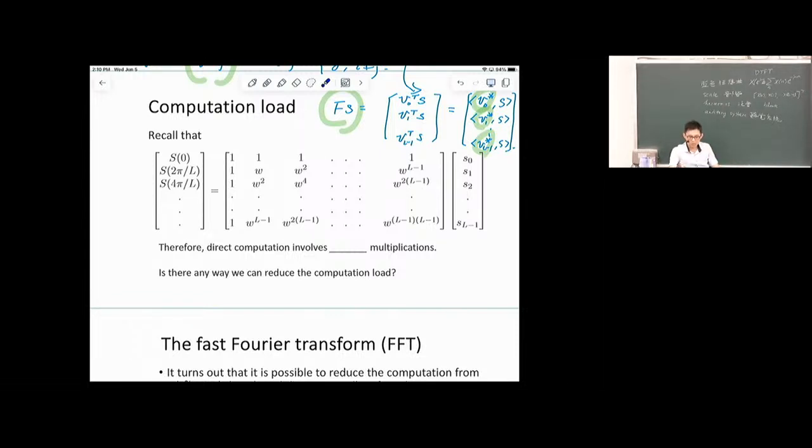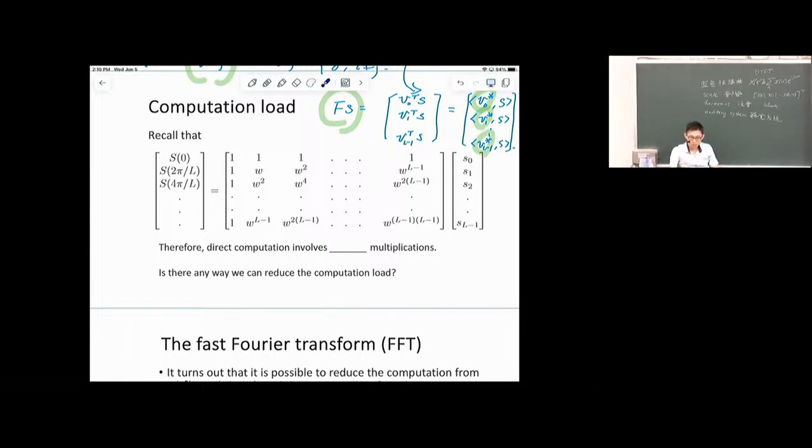But generally, when the matrix is large enough, it's dominated by this portion of the matrix, where each factor right here is a complex number in general. So roughly speaking, the computation load is in the order of L squared. Can we agree on that?